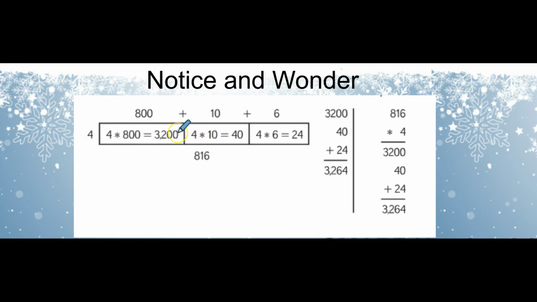And now I'm adding each of these separate areas to get my total. So this is what we've already learned, how to multiply bigger numbers by partitioning the rectangle. But what's over here?